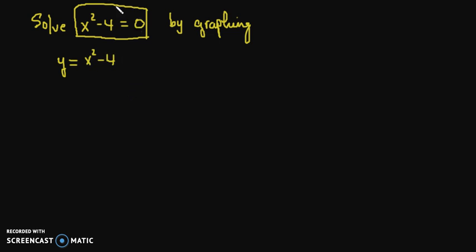Solving the equation means you find any values of x that make y equal to 0. That is the equation part. But how does it translate into graphing? It means any values of x that make y equal to 0.